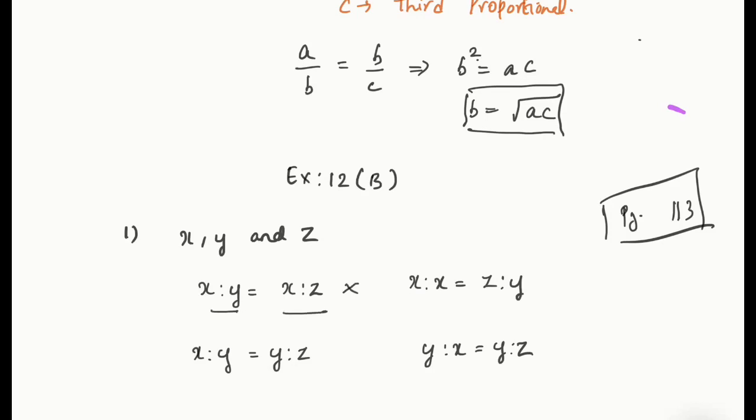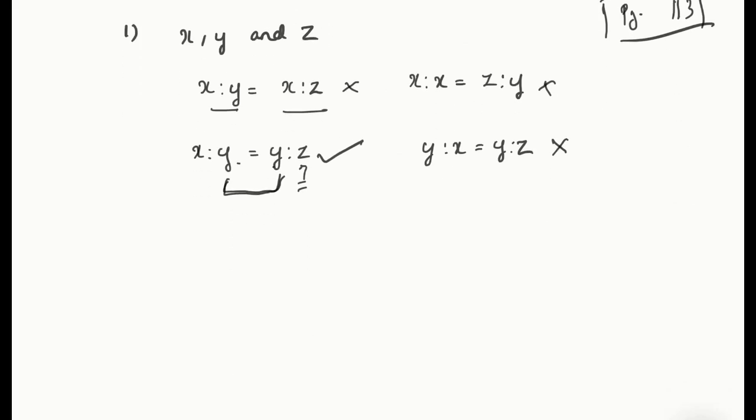That's not true. X is to x, no. X is to y and y is to z. So here you are getting correctly, right? So this is the mean proportion and this is the third proportional. So this is correct. Again here it is wrong. So only x is to y equal to y is to z is in continued proportion.